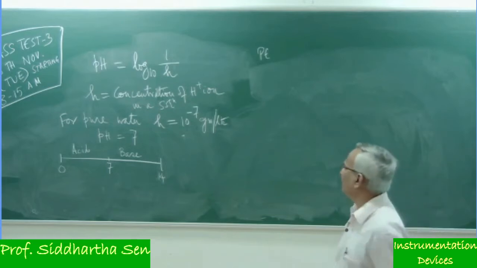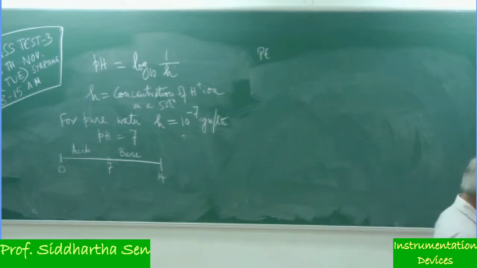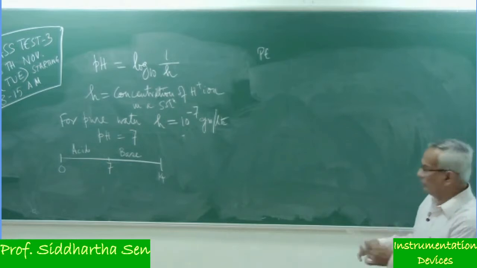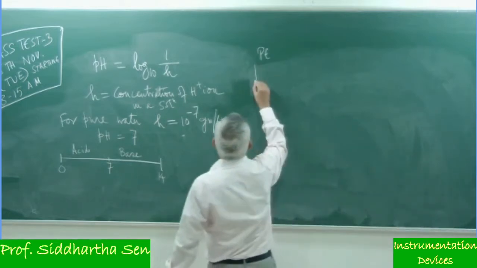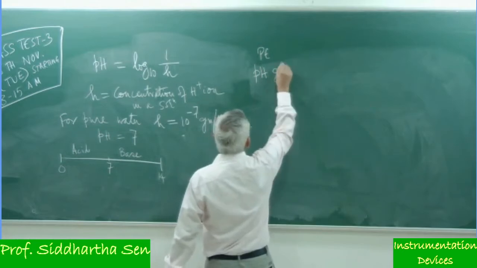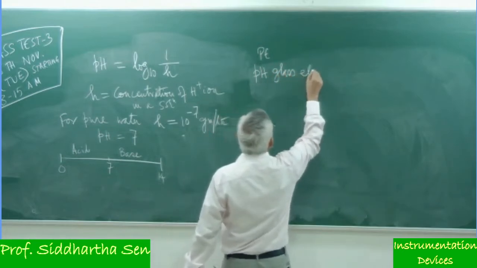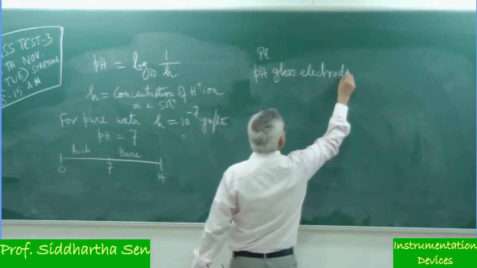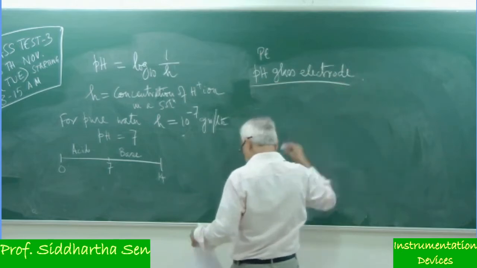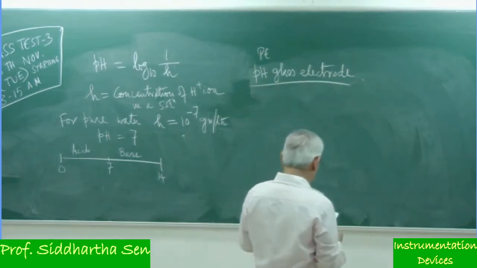But definitely platinum is costly. So what we go for nowadays is called the pH glass electrode. So what is a pH glass electrode?